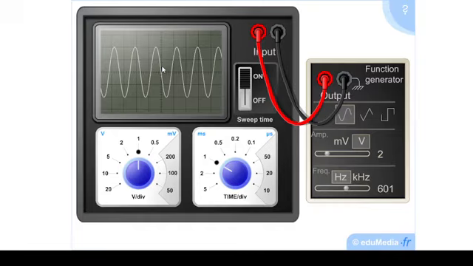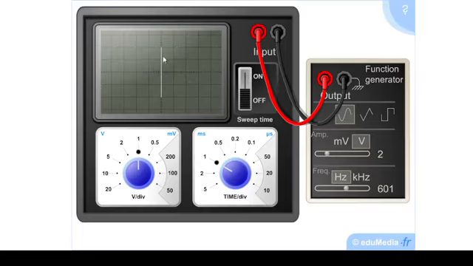In order to measure the amplitude of the signal, I keep off the sweep time. Now, I take the amplitude function here, with 1 volt per division.